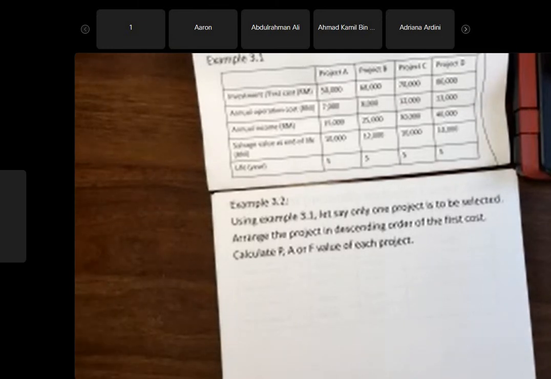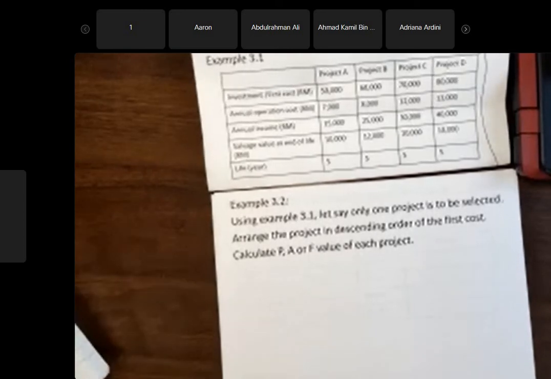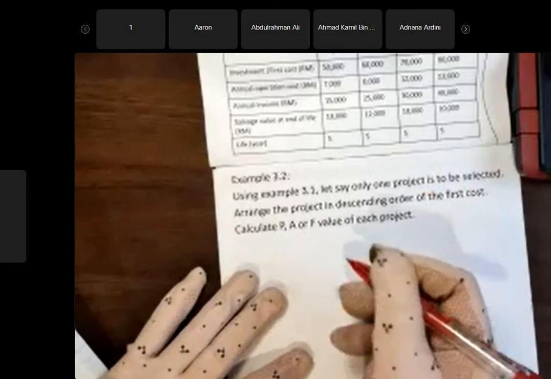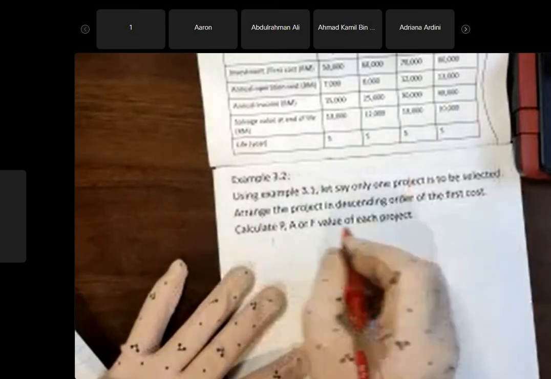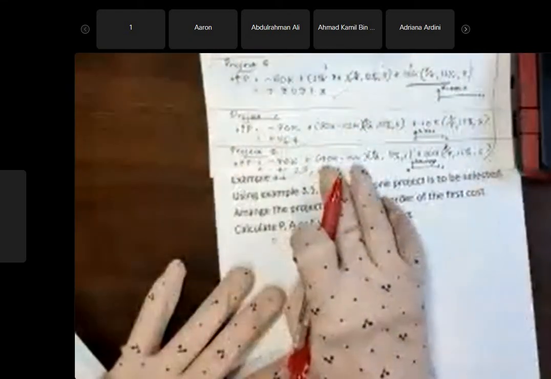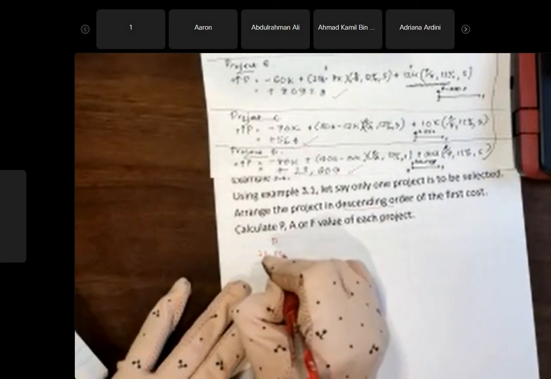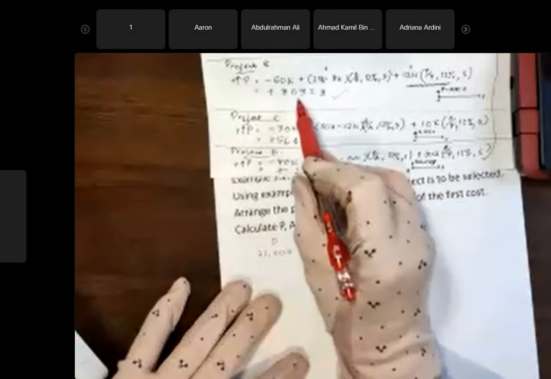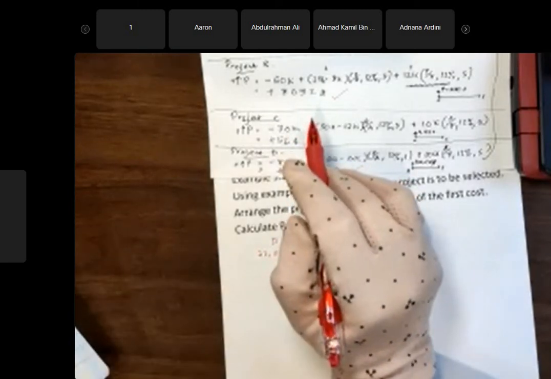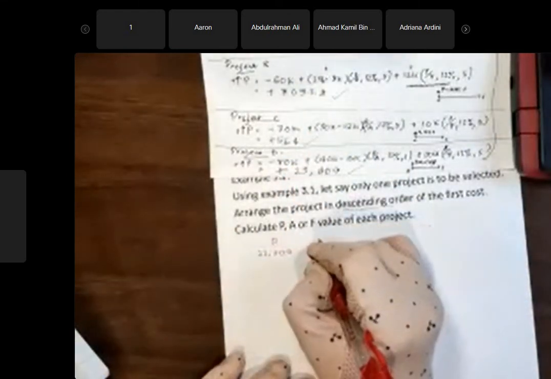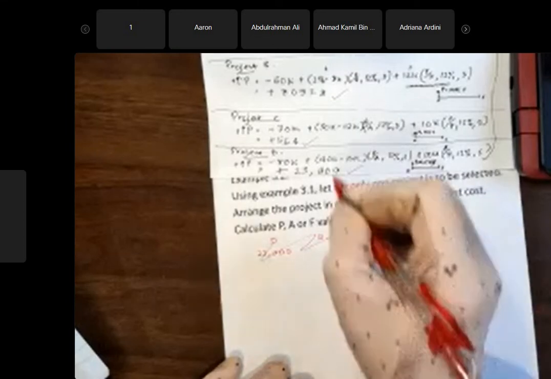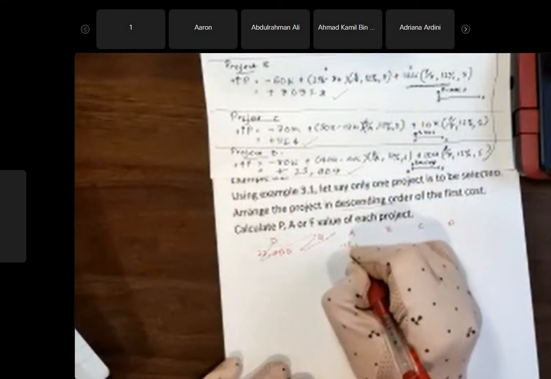So what is the meaning of incremental? You have a project, and in descending order we have D, 23009, then followed by C or B? Wait, I miscalculated here. Right, okay, we have B. If you are confused, just write it out: A, B, C, D. A is negative 15,486.